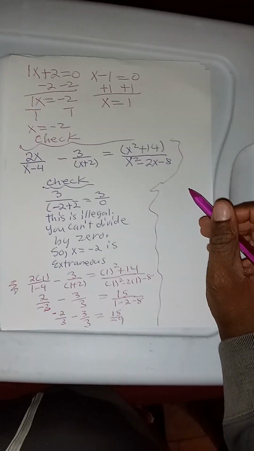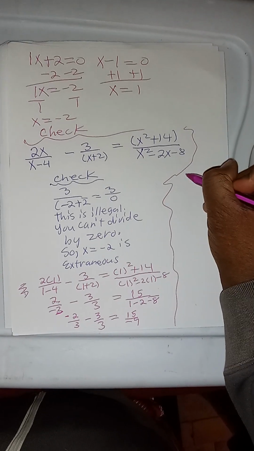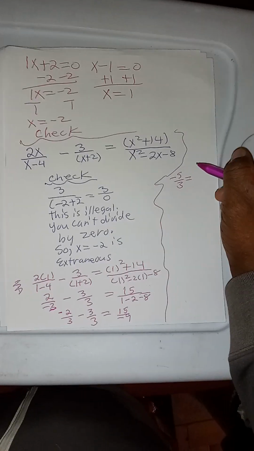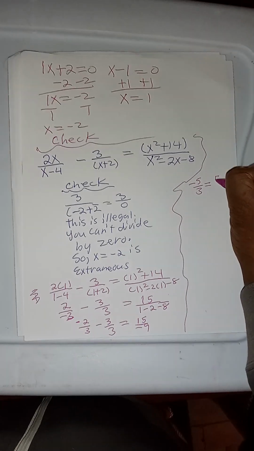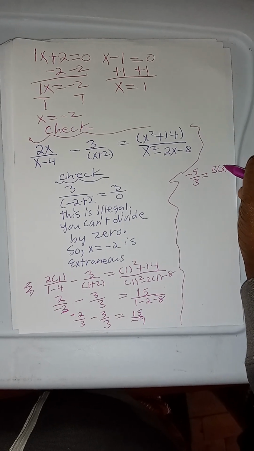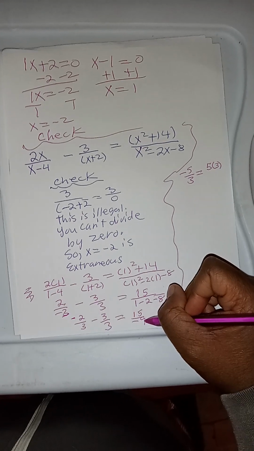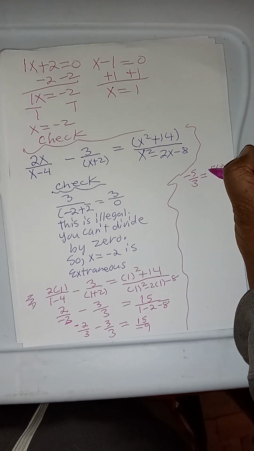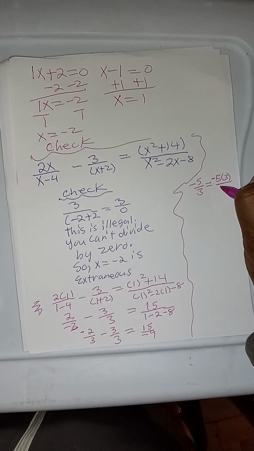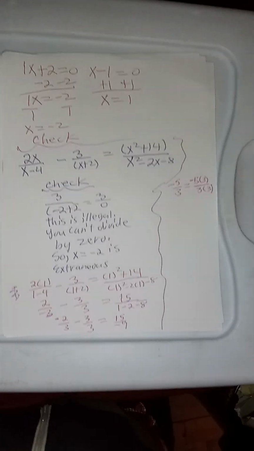So -2 divided by 3 minus 3 over 3 is equivalent to -5 over 3. It's equal to 15 can be factored as 5 times 3. And then since it was originally 15 divided by -9, the negative can jump to the top. And then 9 is equivalent to 3 times 3. Okay?